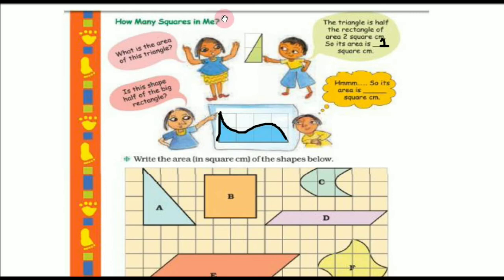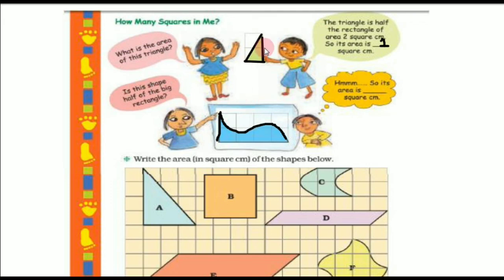Here, how many squares in me? So the girl asks, what is the area of this triangle? She is talking about this green triangle. What is the area of this triangle? So the boy replies, the triangle is half the rectangle of area 2 square centimeter. So its area is dash square centimeter.